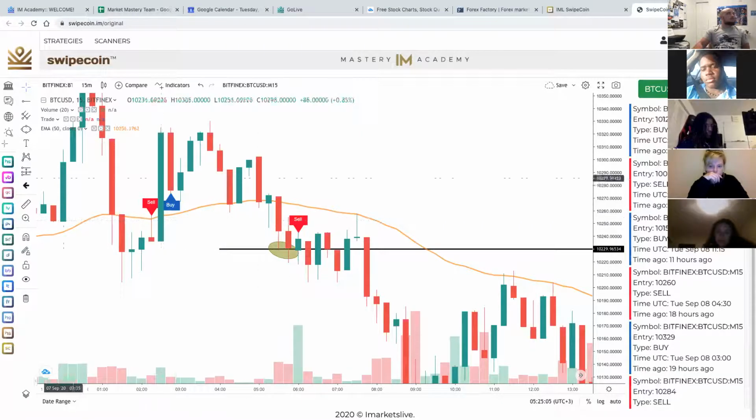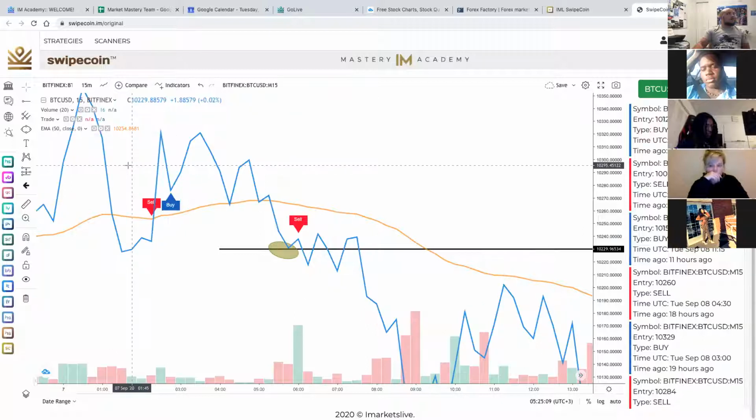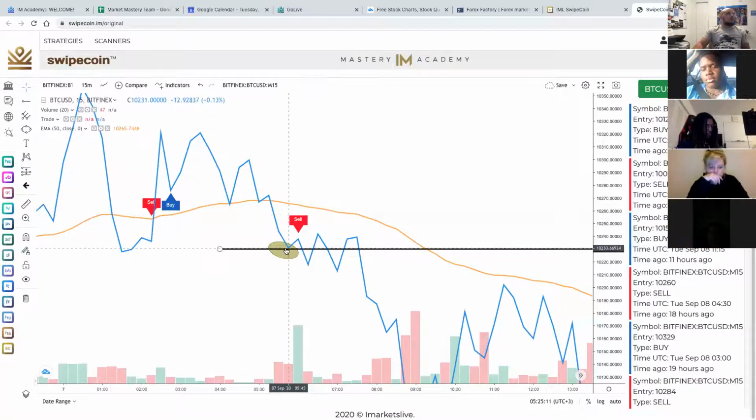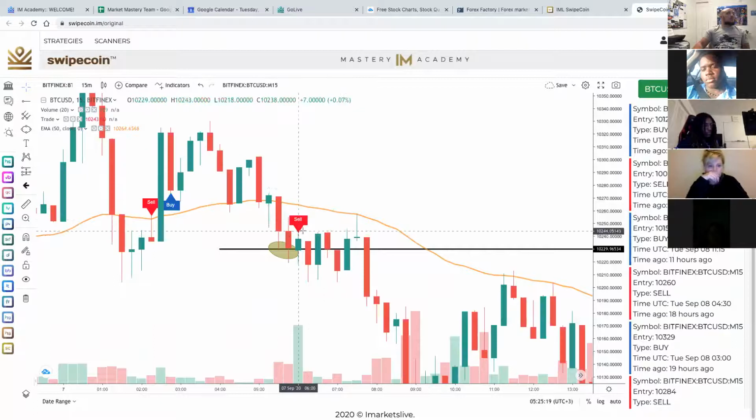All right. So let's go back. Line chart. That's the low of the previous candle. Boom. Now this is where it gives you the sell. When did it give you the sell? It gave it to you on this candle right here. You don't enter right away. Okay?